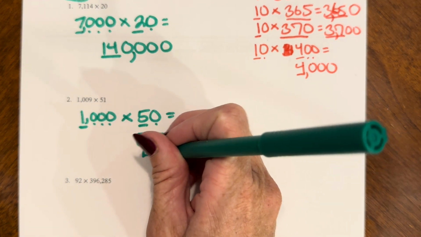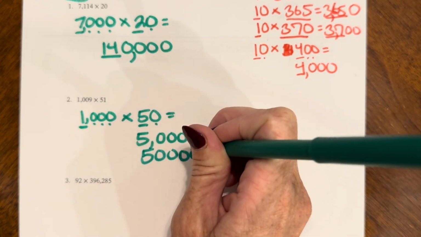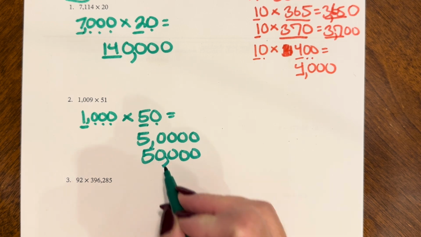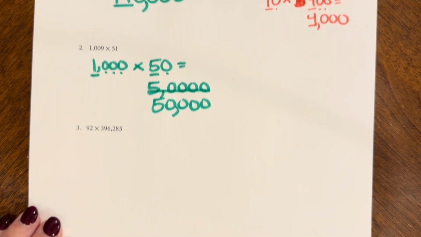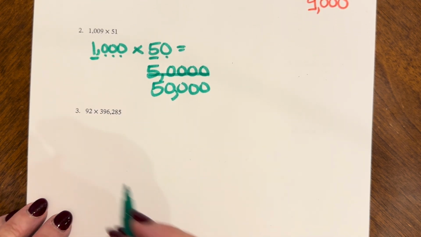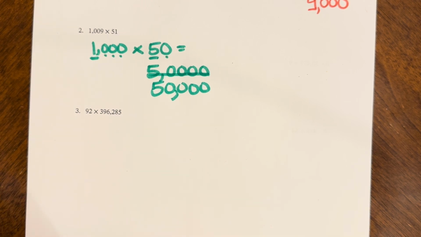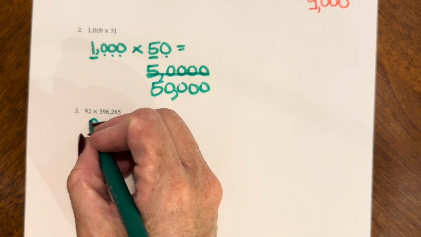So I'm going to want to rewrite that and make sure that my comma is in the correct spot. So my product is 50,000. Okay, let's do one last one together. So we have 92. We could say 92 is about maybe 90.